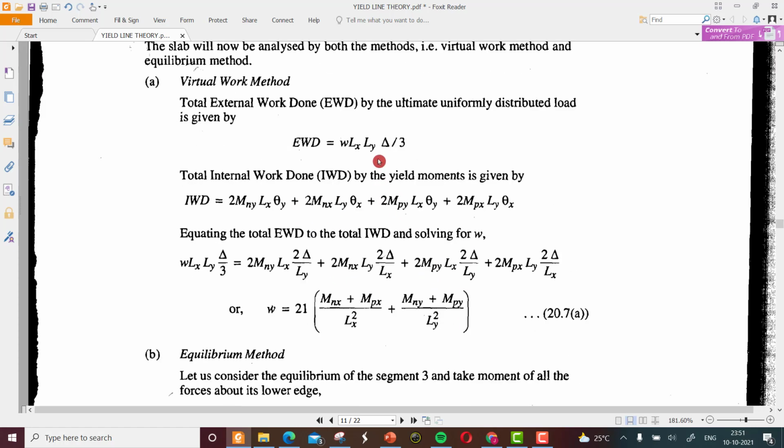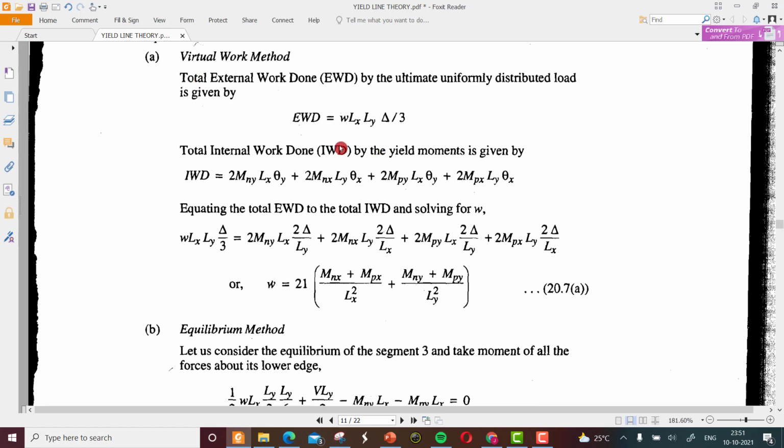So this will be the solution based on the virtual work method.